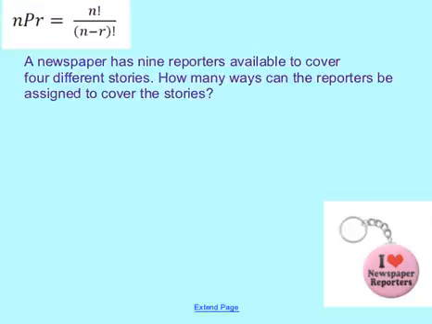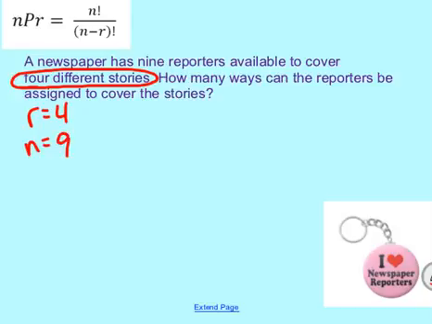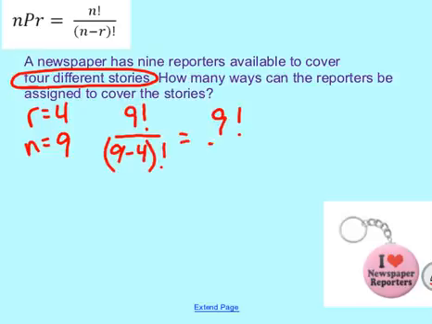A newspaper has 9 reporters available to cover 4 different stories. So R is your 4, and N is the 9, because that's the total. So I would have had 9 factorial over 9 minus 4 factorial. That's going to equal 9 factorial over 5 factorial.